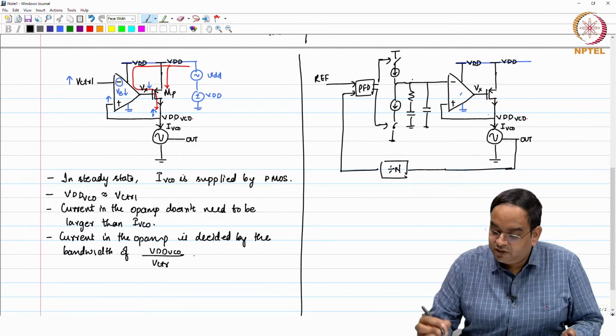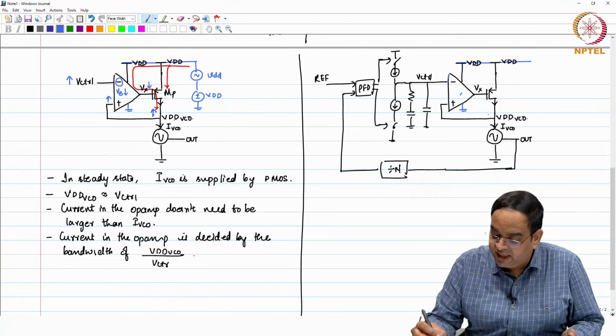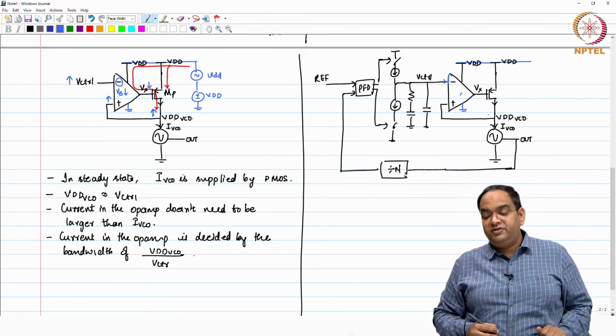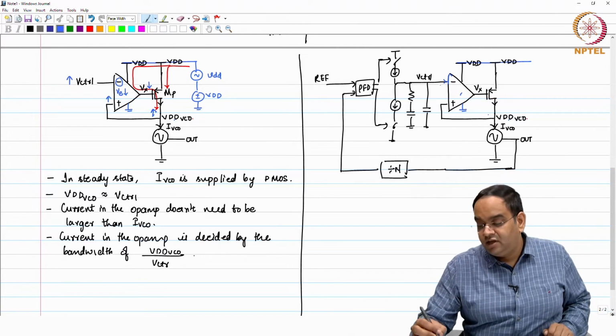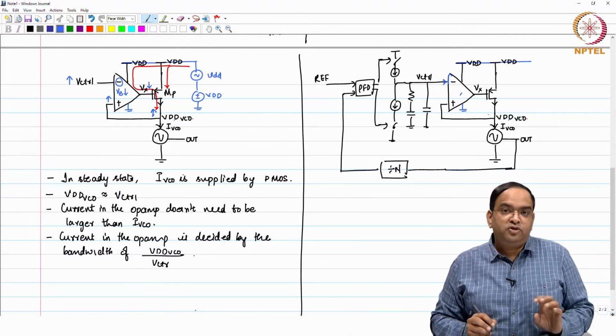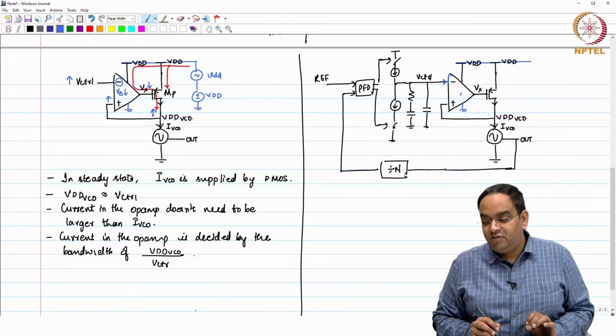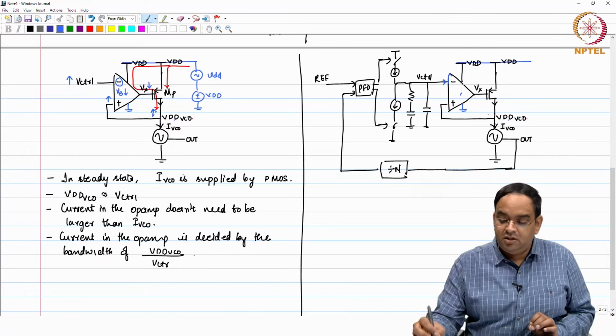Okay. So, if you think about it, then this V control is going to the amplifier, and if you design the op-amp using MOSFETs, then the DC current which is going inside the amplifier is 0. So, V control will not vary because of the op-amp.